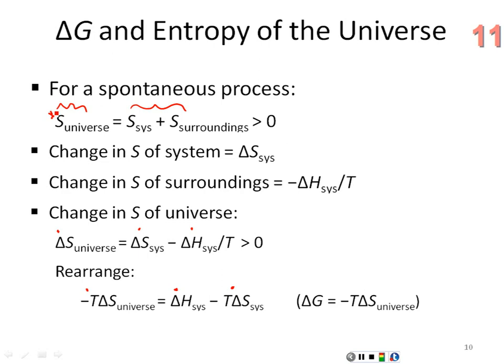And this is where Gibbs wanted to rearrange this equation for the second law to make it in terms of easily measured values. So he came up with the term delta G as free energy is equal to minus T delta S of the universe.